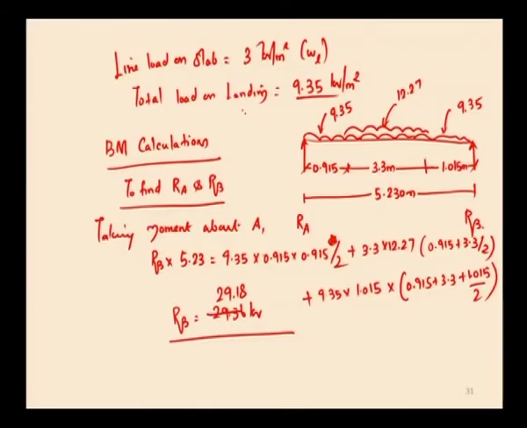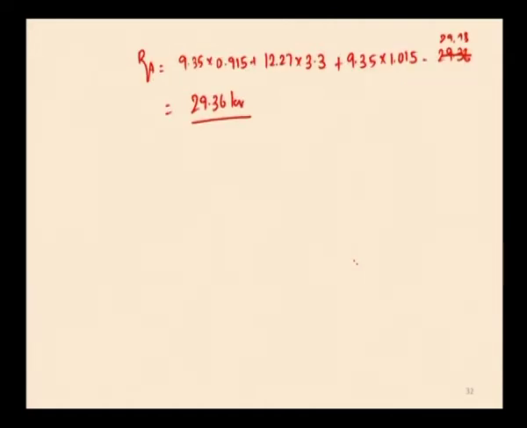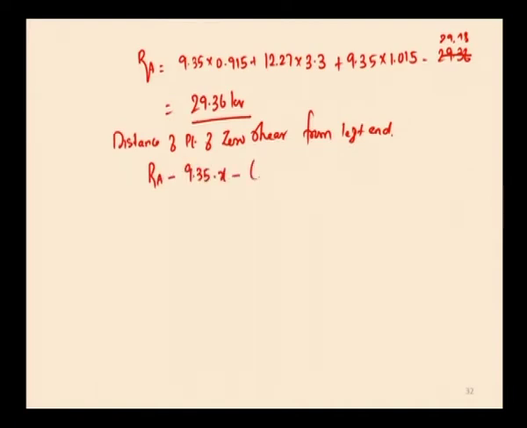Normally, the maximum bending moment occurs where the shear force is 0. So, we need to first find out the distance of the point of 0 shear from the left end or from the right end. So, the distance of the point of 0 shear from the left end: R A minus 9.35 into x minus 12.27 into (x minus 0.915) is equal to 0.